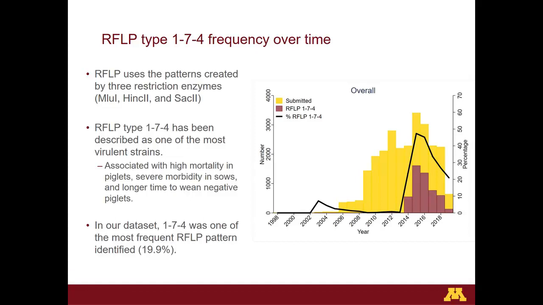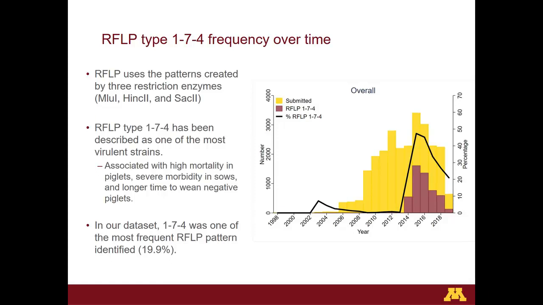So we decided to choose just the 174s, mainly because it has been described as one of the most virulent strains or types. It is associated with high mortality in piglets, severe morbidity in sows, and longer time to wean negative piglets. So here we're just plotting the frequency of RFLP 174 in our data set, and we can see that it got introduced at around 2003, and it remained at low frequencies until 2014, when it started increasing in frequency.